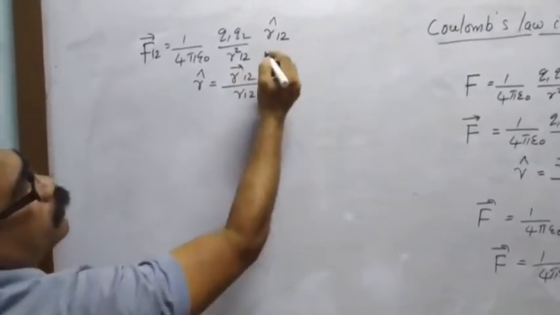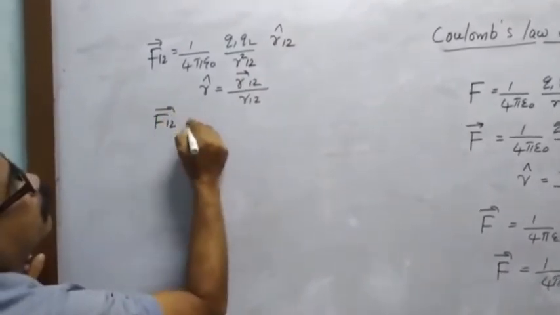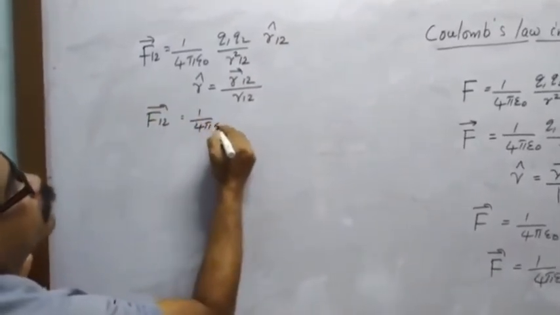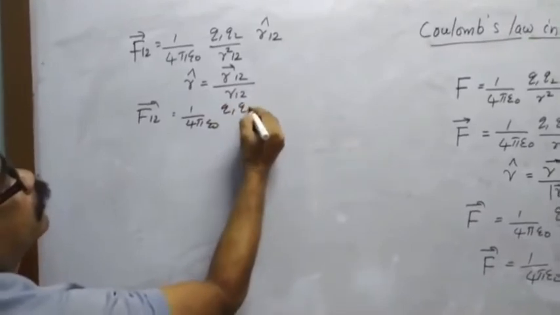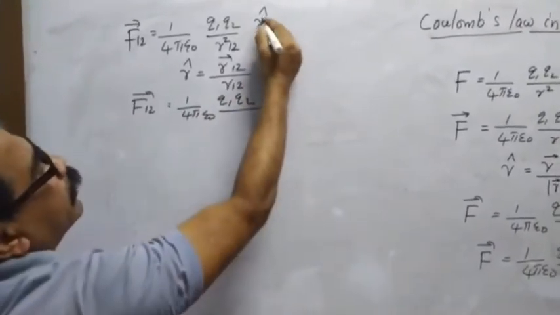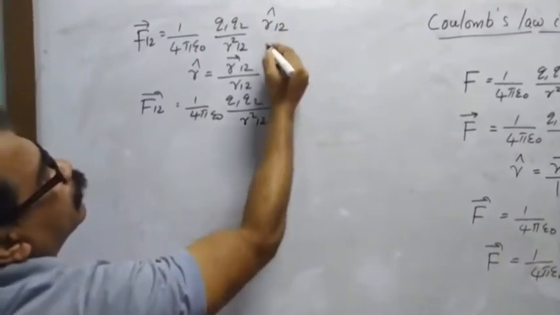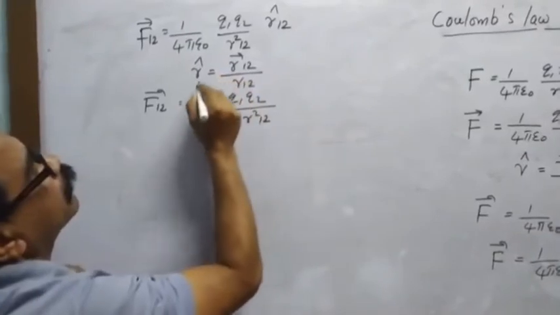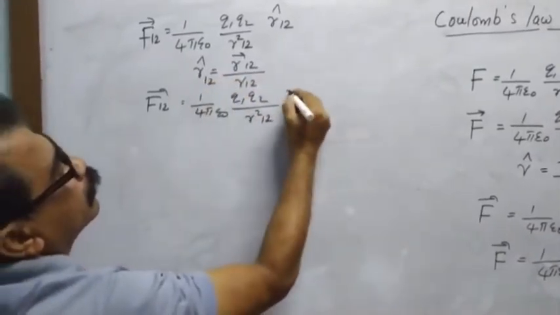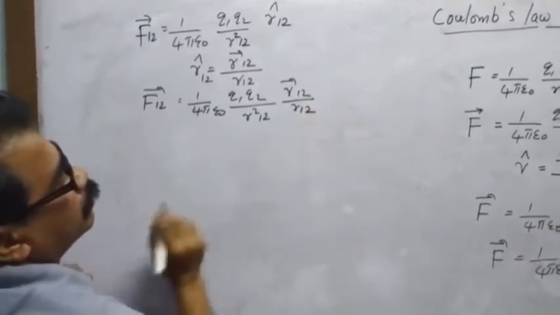So, the above equation can be written as F12 is equal to 1 by 4 pi epsilon 0 Q1 Q2 by R square 12 into vector R12 by modulus R12.